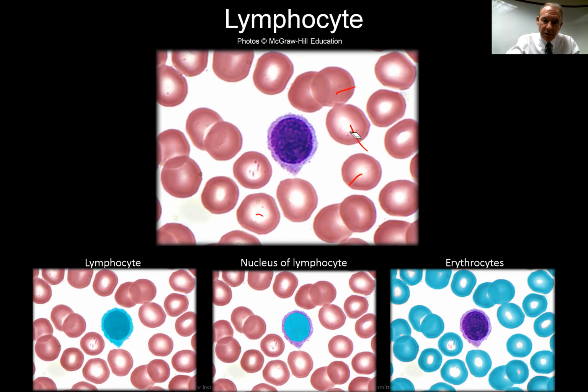Erythrocytes are red blood cells. If you look at the lymphocyte, there's a lot of nucleus, not a lot of cytoplasm, and there are no granules within the cytoplasm, so it's agranulocytic. Neutrophils, eosinophils, and basophils are the granulocytic white blood cells, or leukocytes. Lymphocytes and monocytes are the agranulocytic cells.